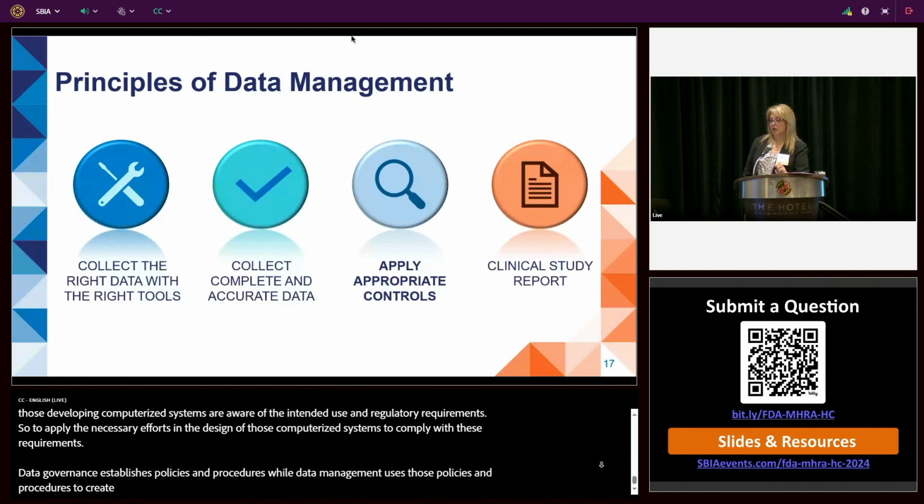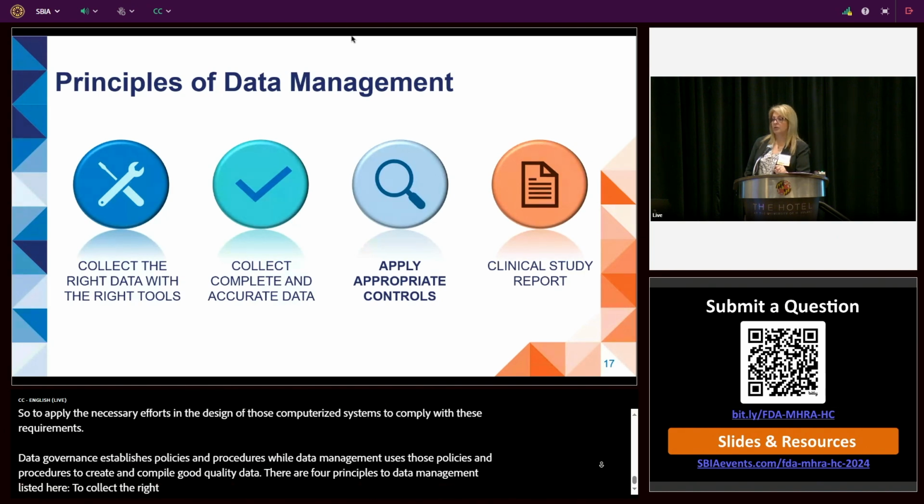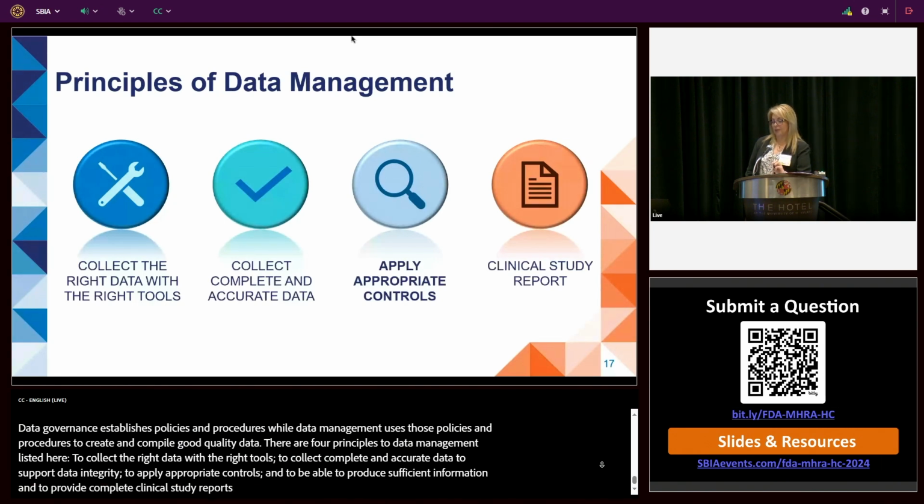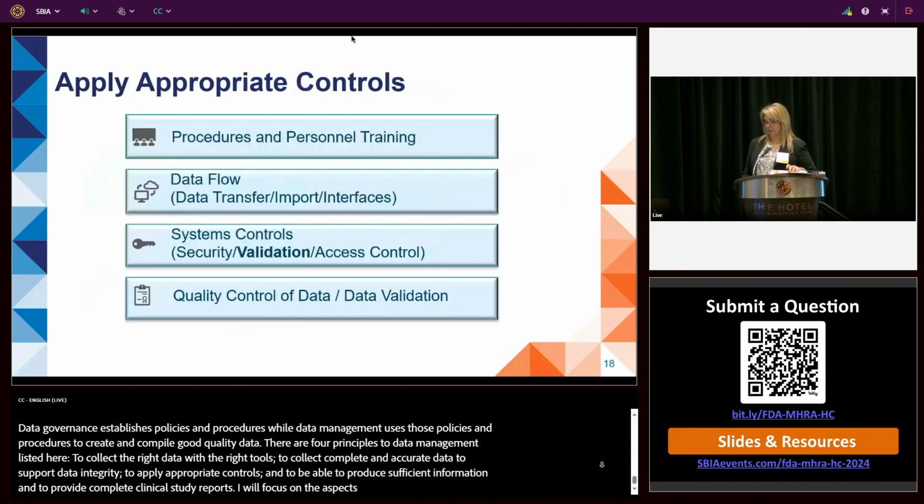There are 4 principles to data management as listed here: to collect the right data with the right tools, to collect complete and accurate data to support data integrity, to apply appropriate controls, and to be able to produce sufficient information and to provide a complete clinical study report. I will focus on the 3rd aspect of the principle for applying appropriate controls to expand on.